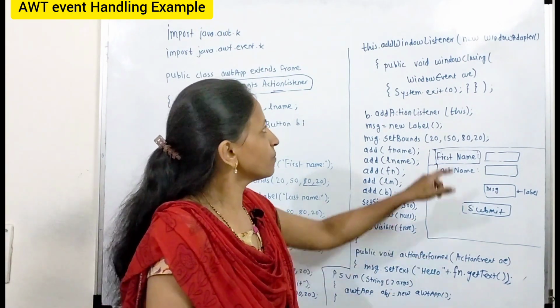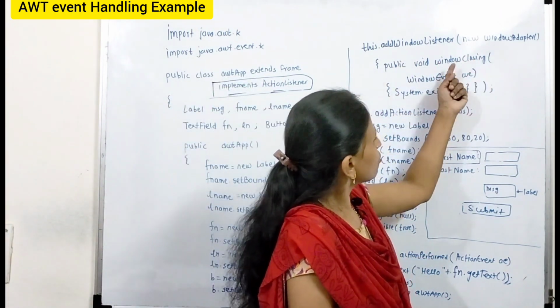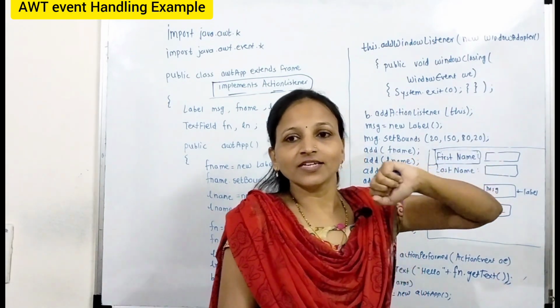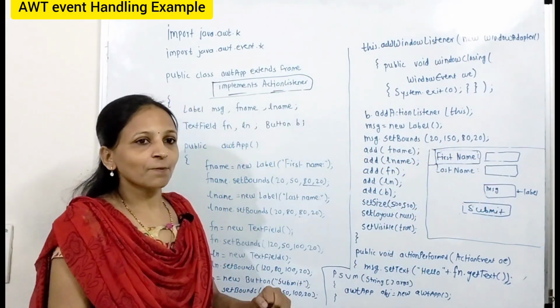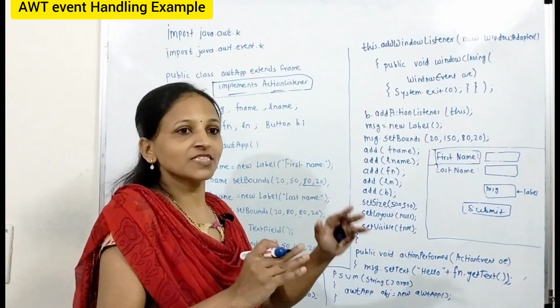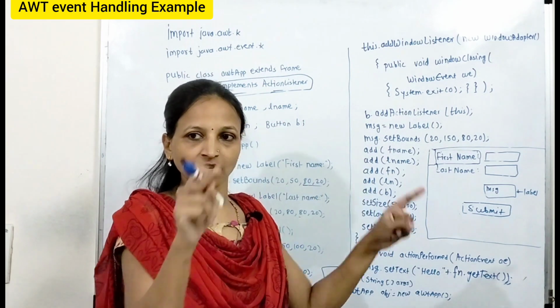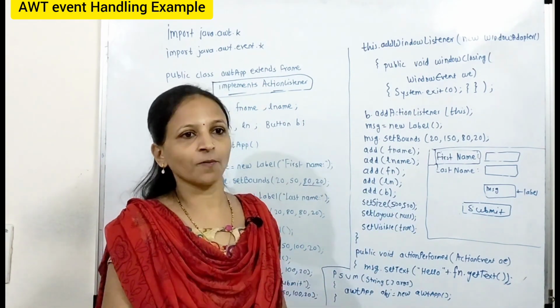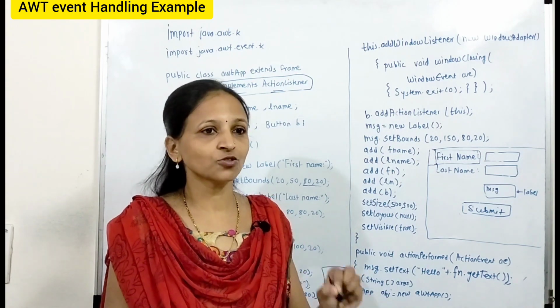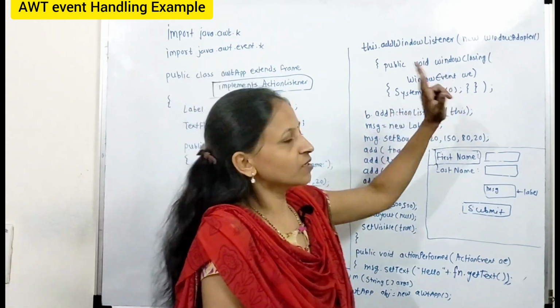That event is nothing but the window closing event. Here I want that after clicking on the close button, System.exit should be called, meaning that the application should be stopped, execution should be stopped. For execution stop, we have to call System.exit.